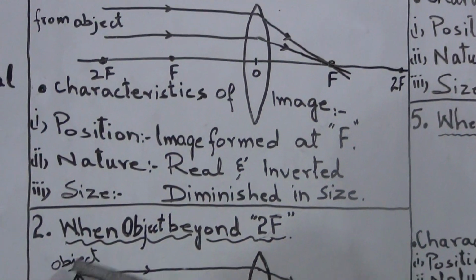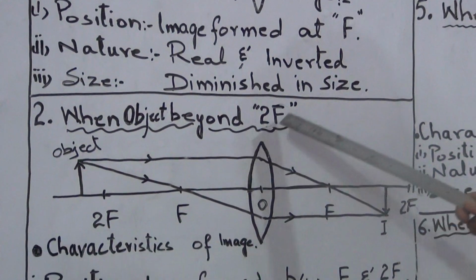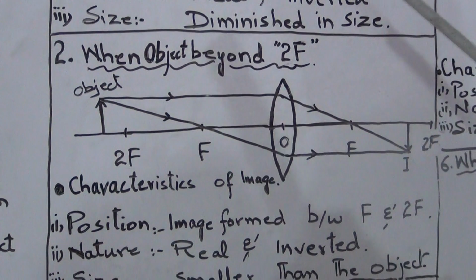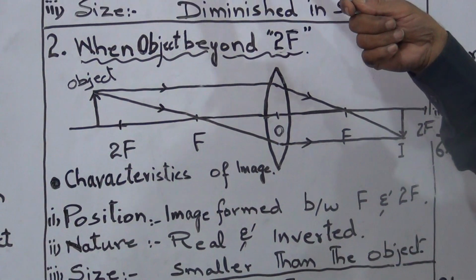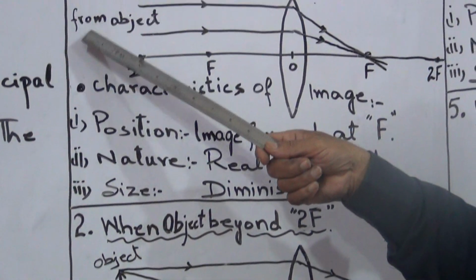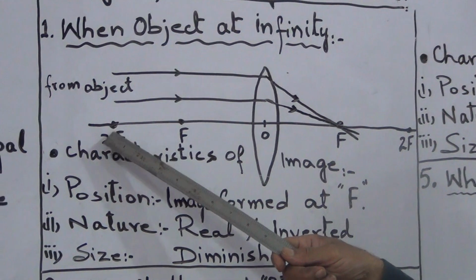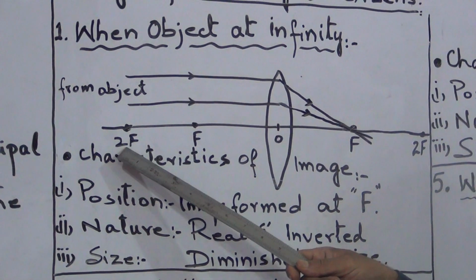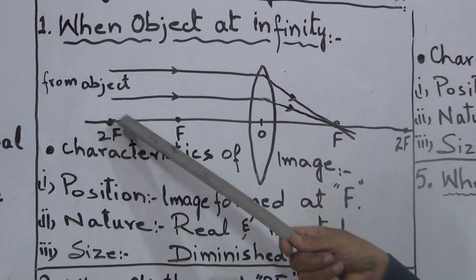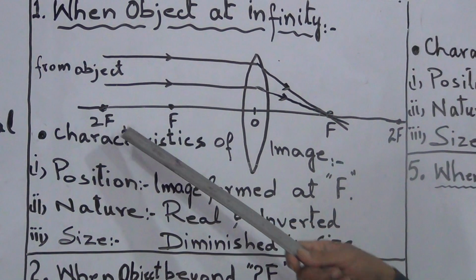Now, case 2, when the object is beyond 2F. In the first case, the object was at infinity. Now this point is 2F, the center of curvature in mirror, but here it is called 2F.